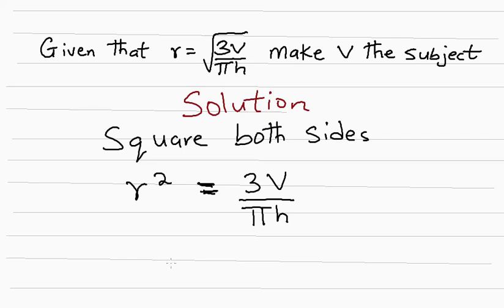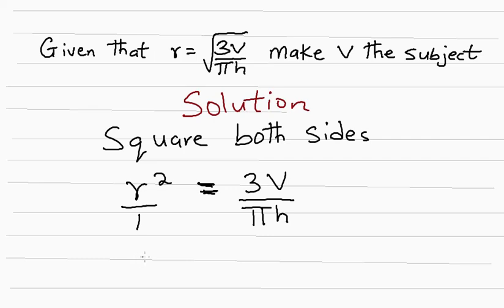And of course, at this point, since I'm having a single fraction at the right hand side, I can cross multiply. By cross multiply, you know this is all over 1.